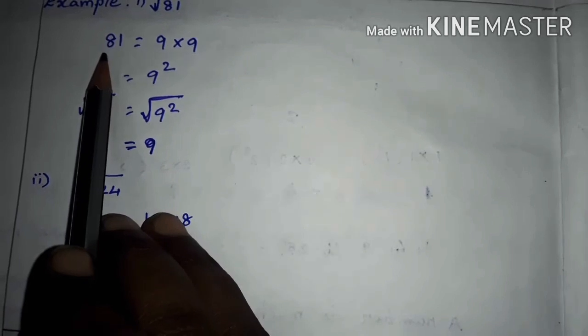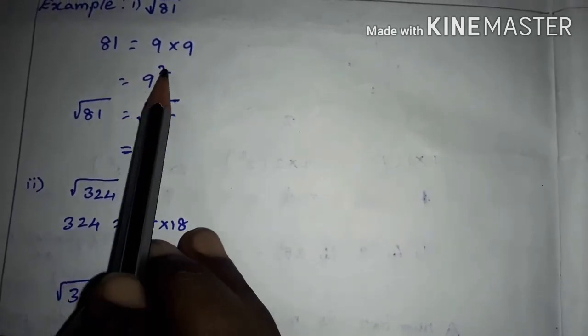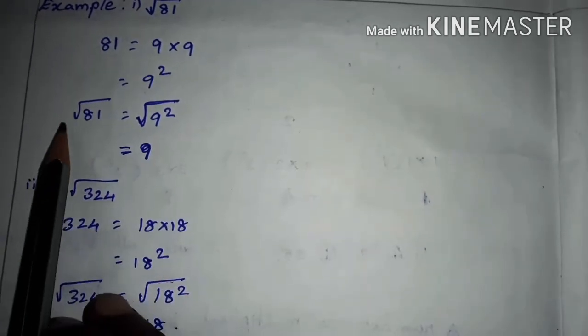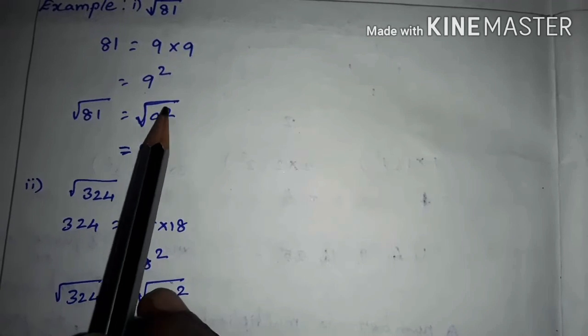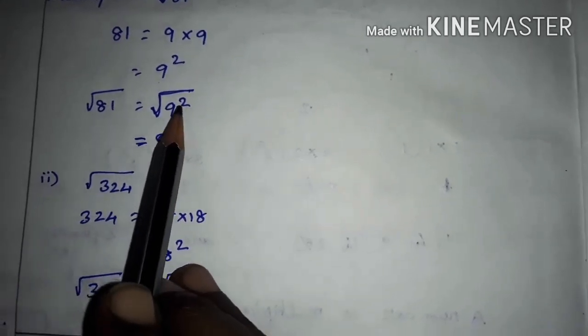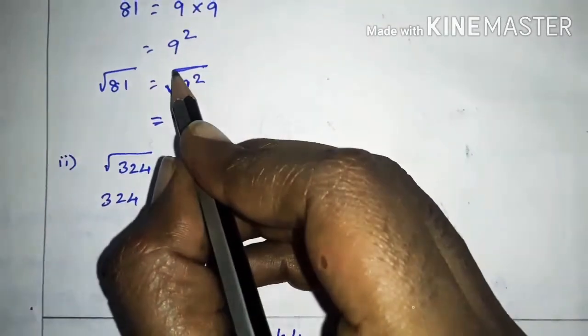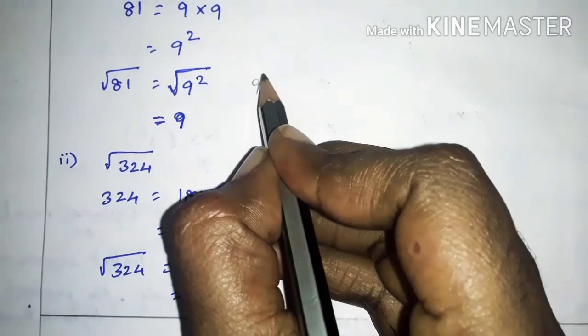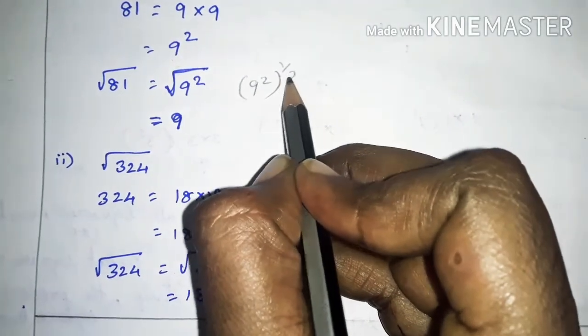That is, 81 can be written as 9 into 9. It can be written as 9 square. If we take the square root of 81, then we take the square root of 9 square also. When we take the square root, the square is removed and we get the answer as 9. For that, we know another form of the root is the power 1 by 2.